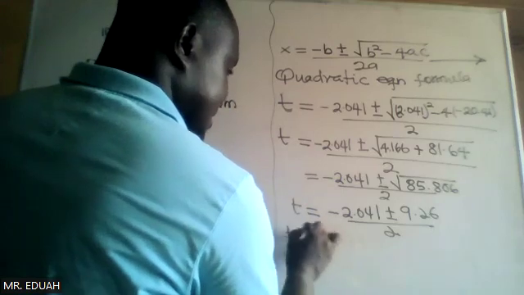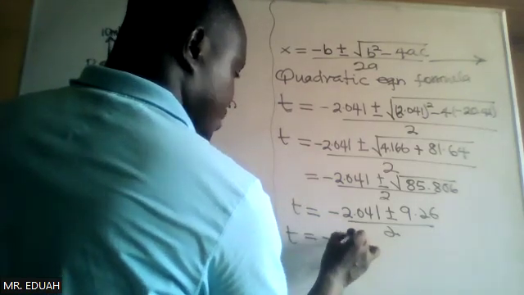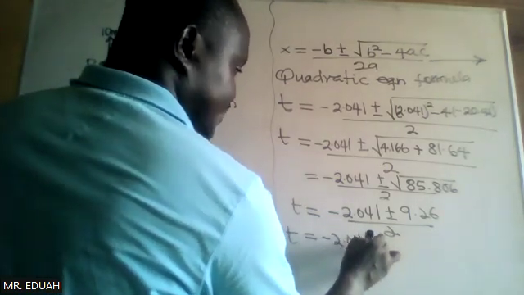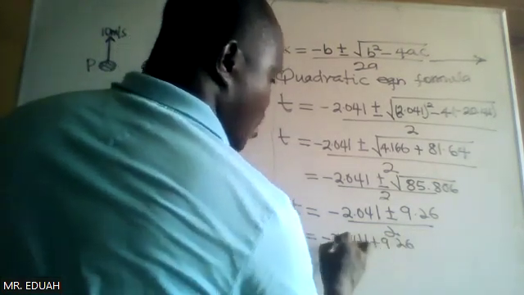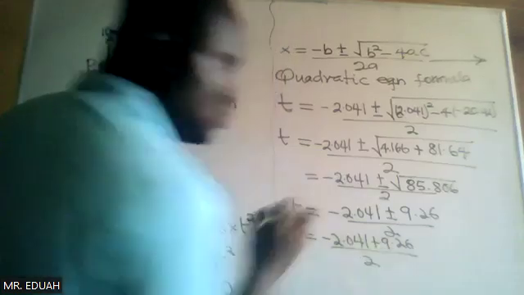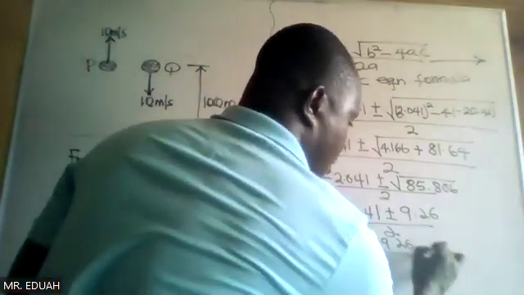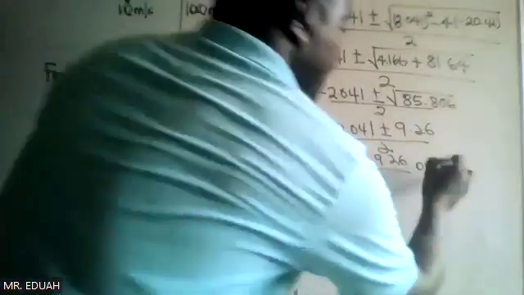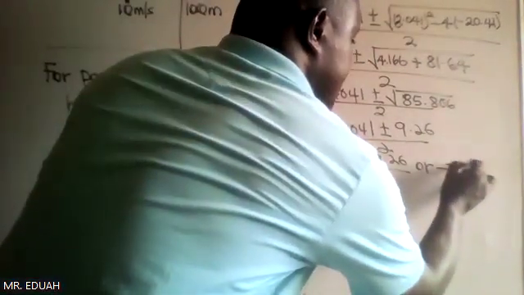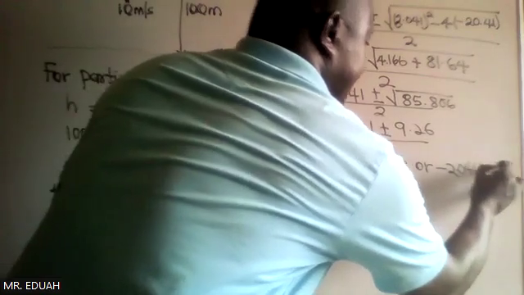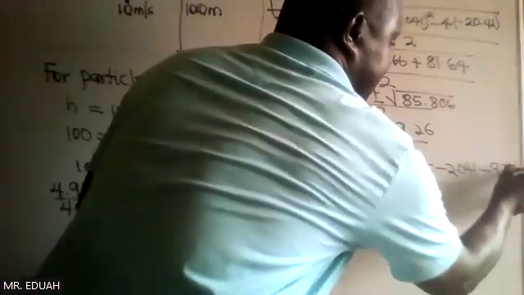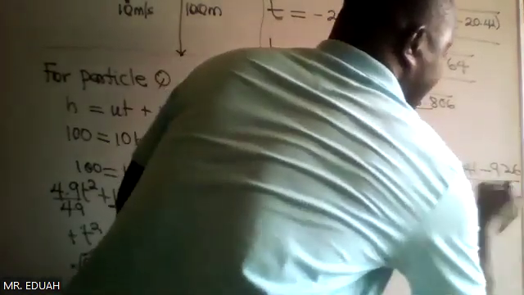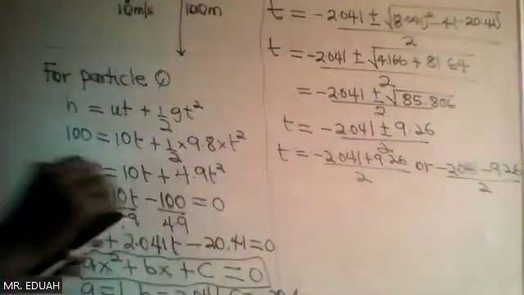Either T is equal to minus 2.041 plus 9.26 all divided by 2, or minus 2.041 minus 9.26 all divided by 2. Gabriel, are you okay?